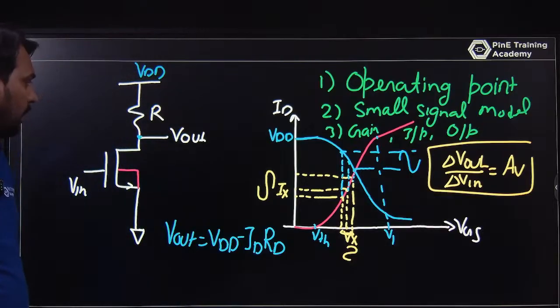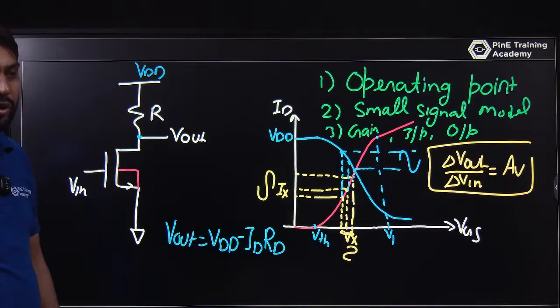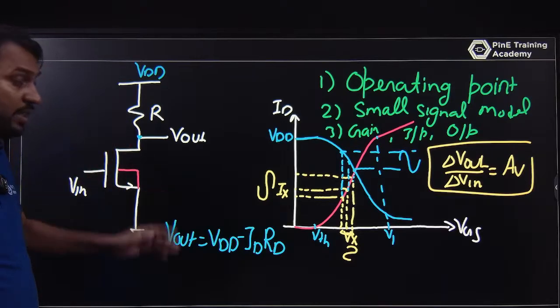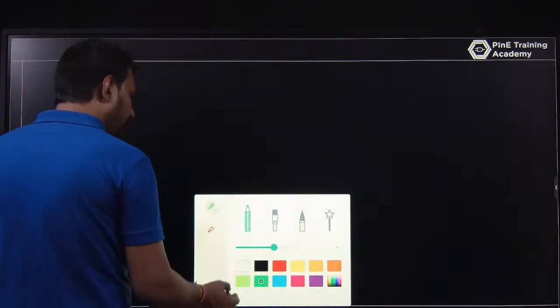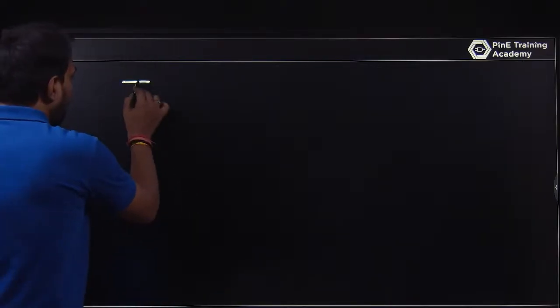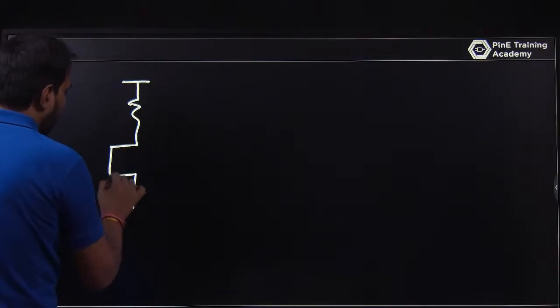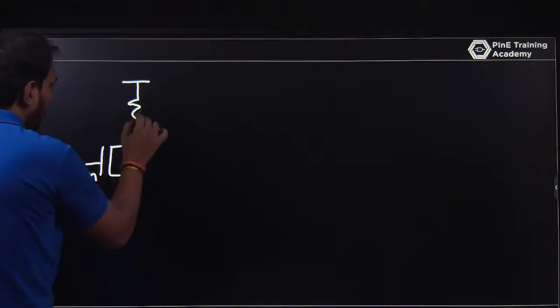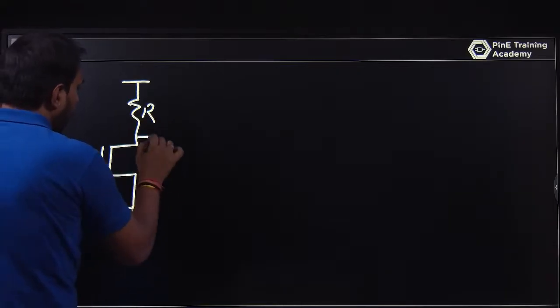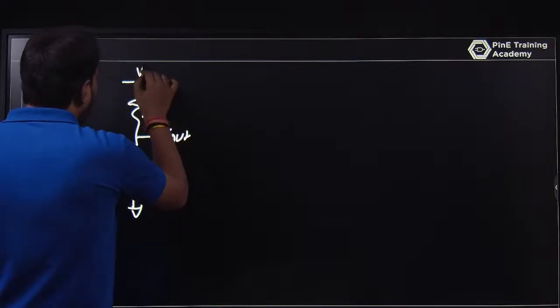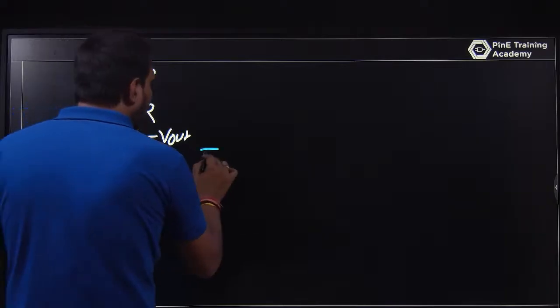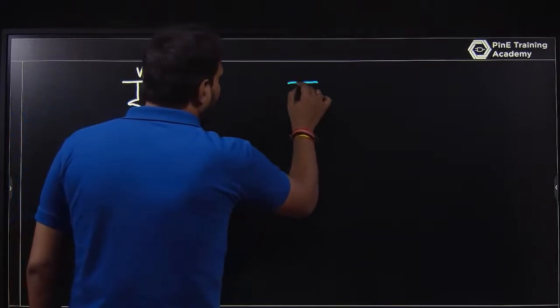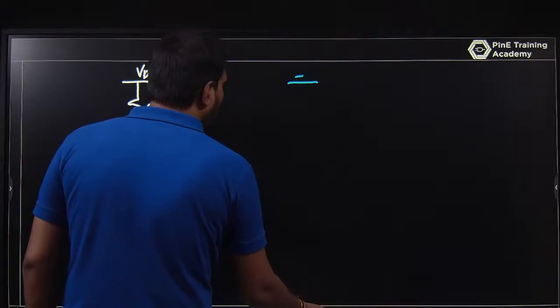One of the circuits is the common source amplifier with a resistive load. You have a resistance as a load, and in this circuit, what is the gain? You have an input voltage and a resistance, and once you set the operating point, for a small signal model it will act like a short circuit, like a ground.